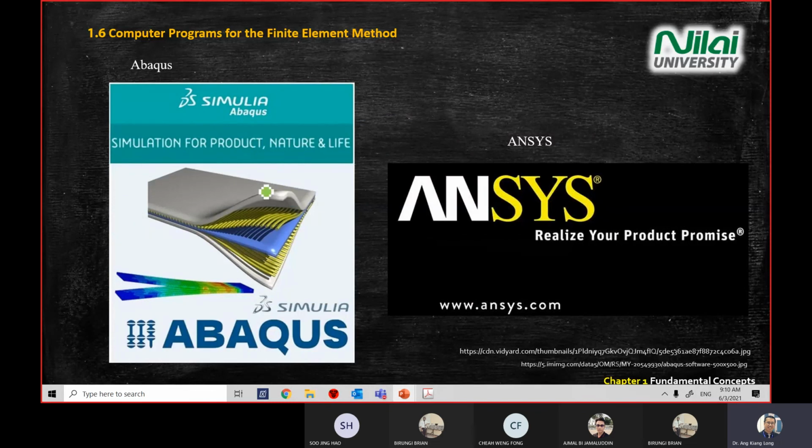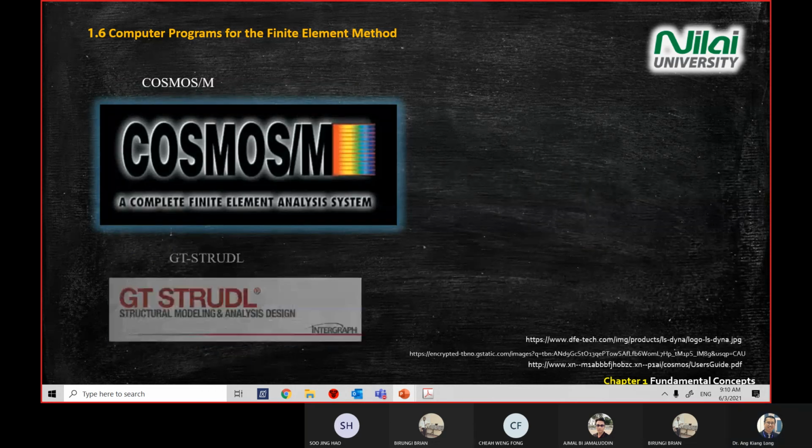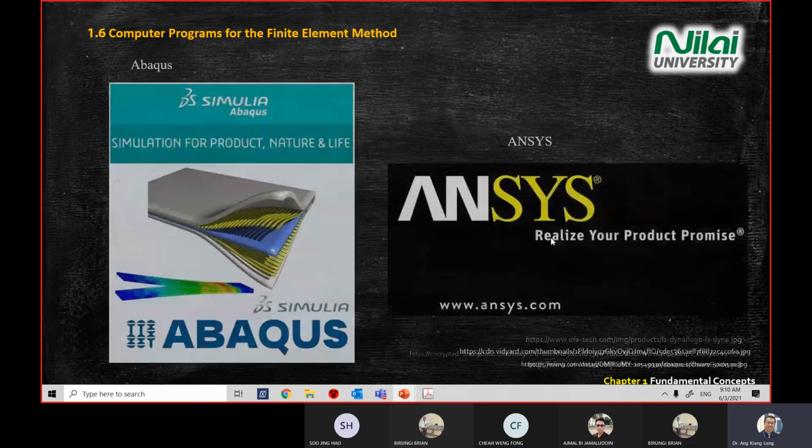This one is from the SolidWorks company. And then this one is Ansys, where we will use Ansys software for this module. Cosmos M was already bought by the Ansys company. So this function can be found inside the Ansys software.